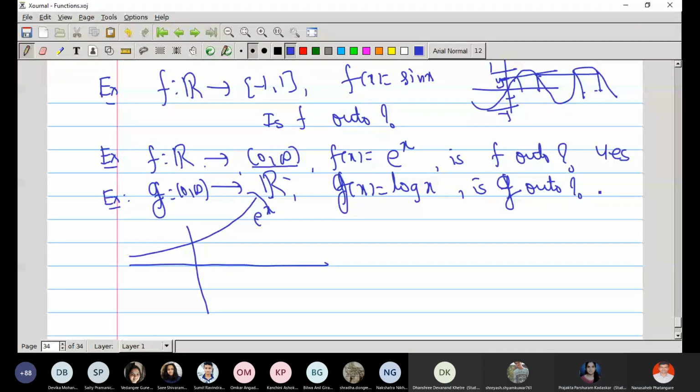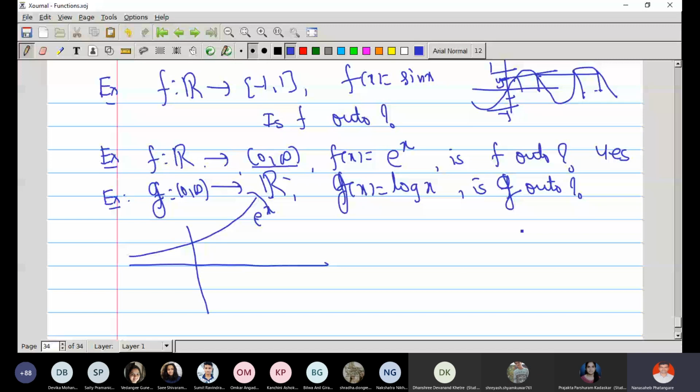Now, what about the log function? You know the graph of the log function. The domain is 0 to infinity. Log is not defined for negative numbers and 0. And will it take all the real numbers?